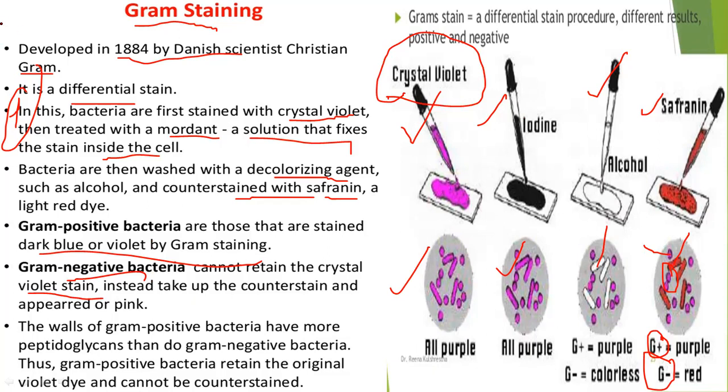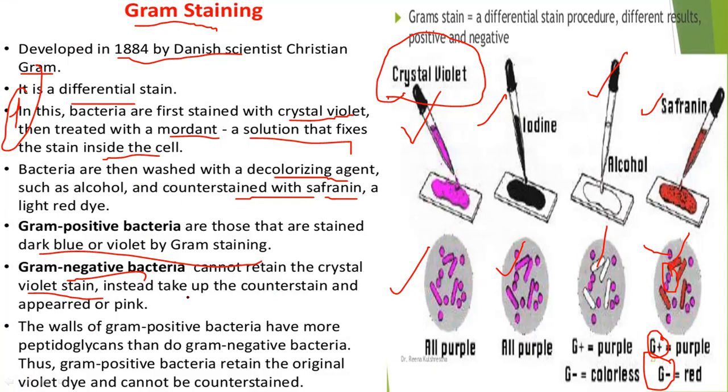Why does this happen? Because gram-positive bacteria have more peptidoglycan than gram-negative bacteria, so they retain the original violet dye and cannot be counterstained.